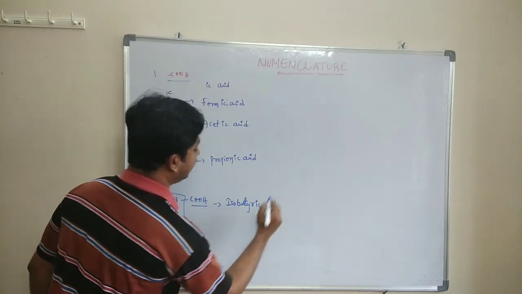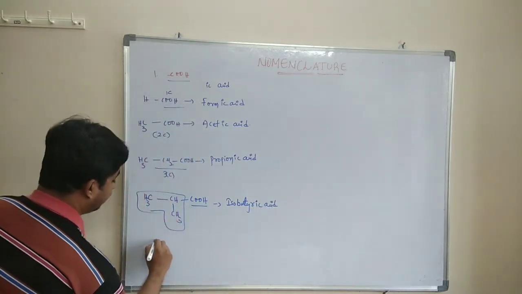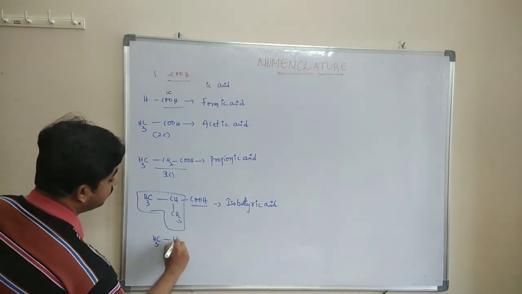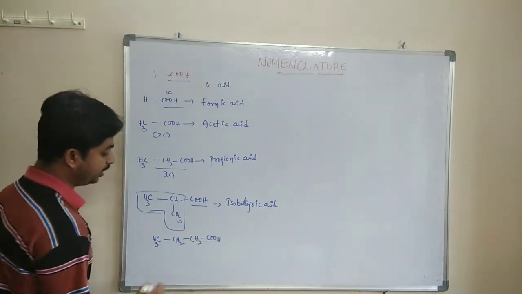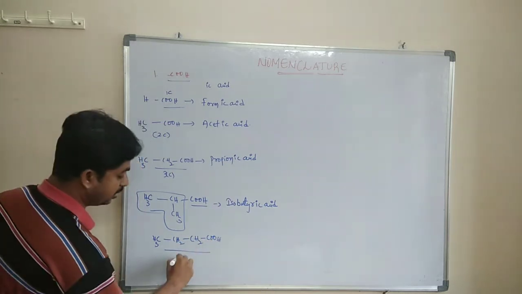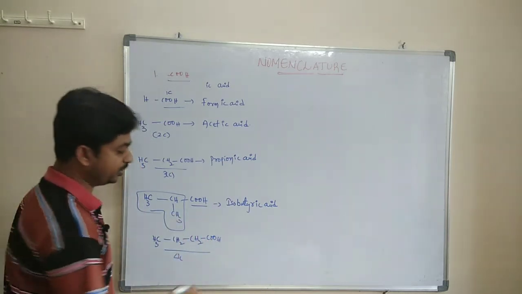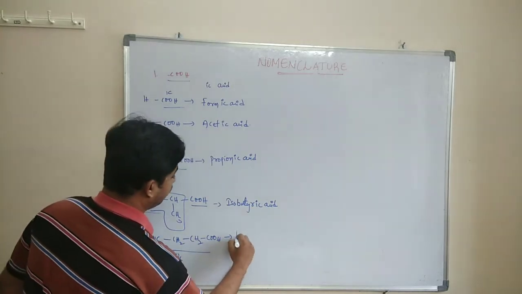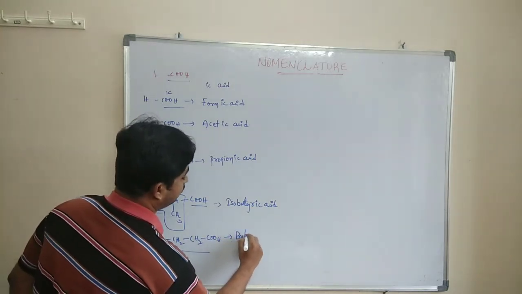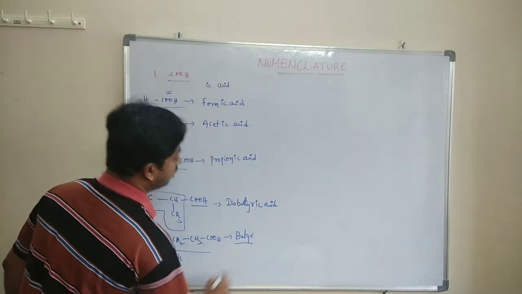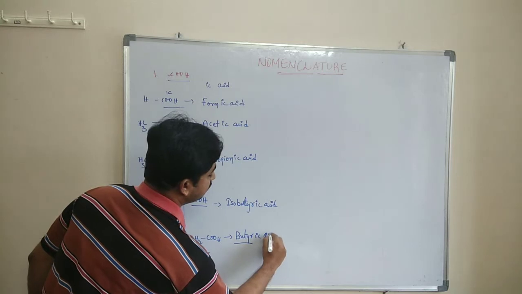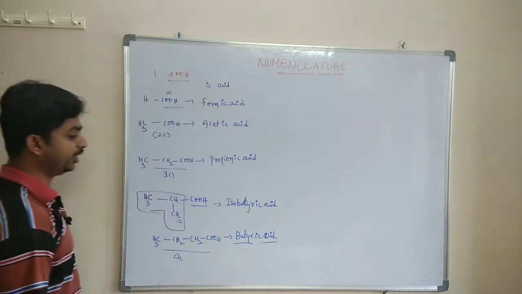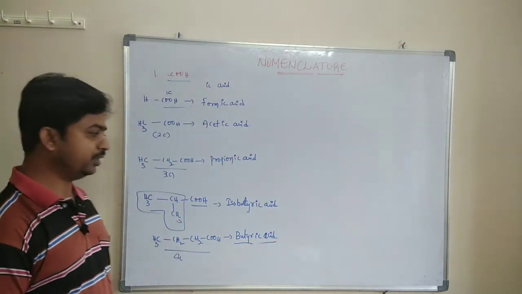So isobutyric acid. Then CH3CH2CH2COOH has four carbons with COOH. Butyr is the word root, then the suffix is ic acid, so the name becomes butyric acid. Like that we can give the names.